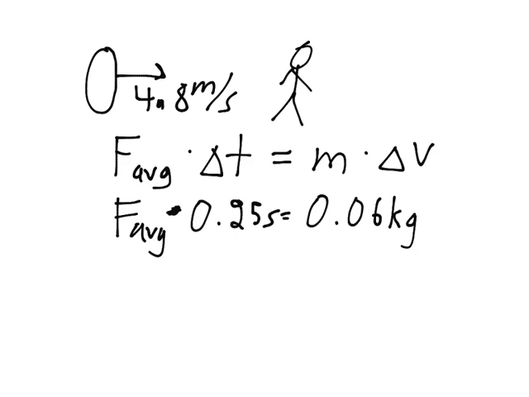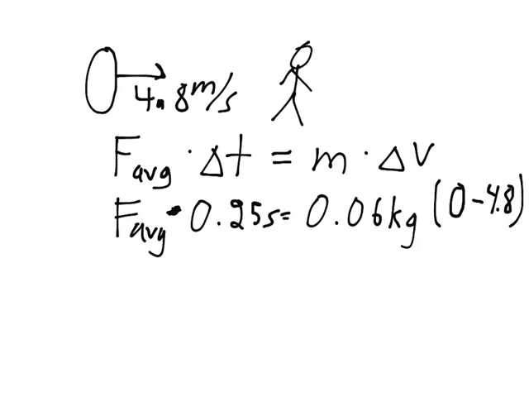Kilo means 1,000. And for delta V, well, let's think about this. We know that delta V is V final minus V initial. The final velocity of the egg, since it's caught by the student, is 0. The initial velocity is 4.8 meters per second.